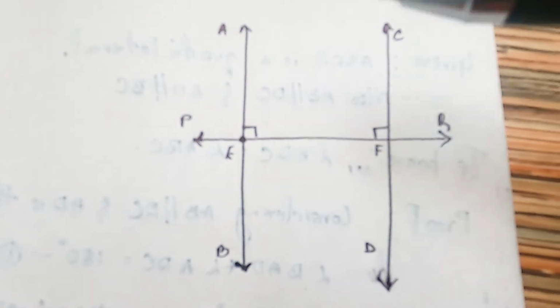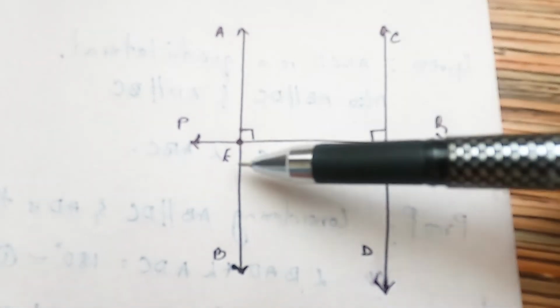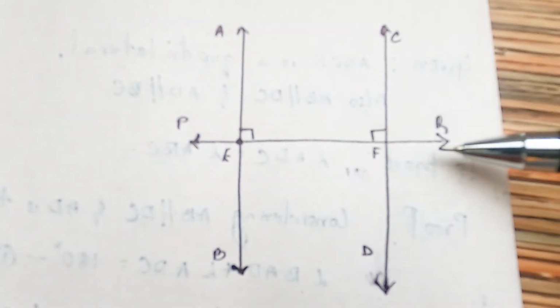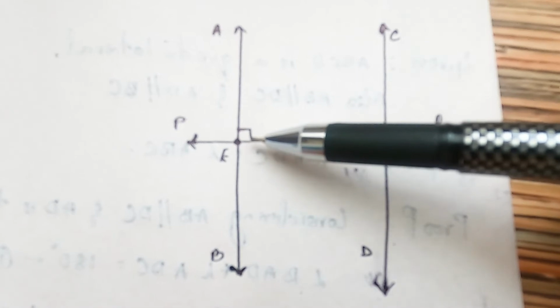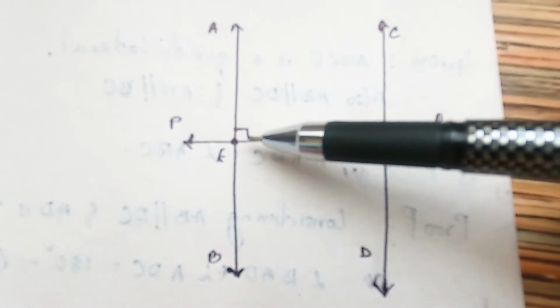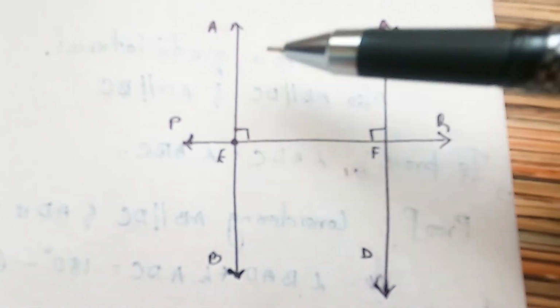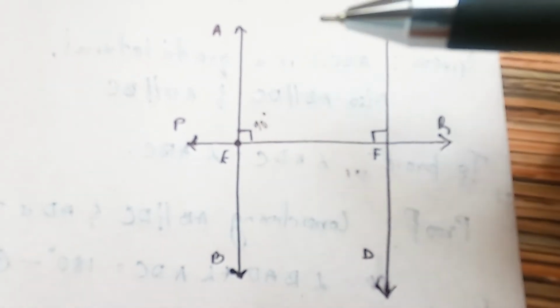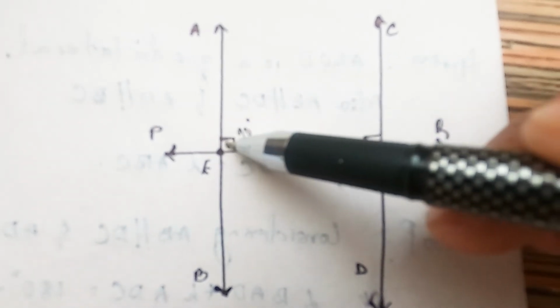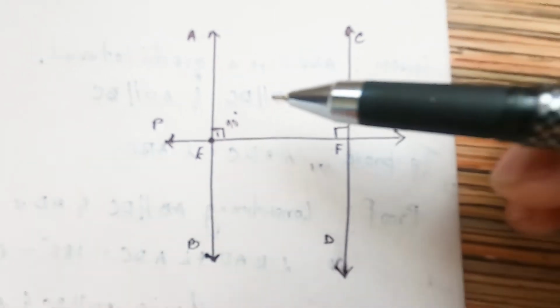Now since AB is perpendicular to PQ, an angle is formed here. We know that any angle formed by a perpendicular line will always be 90 degrees. So in this case the measurement of angle 1 will be 90.